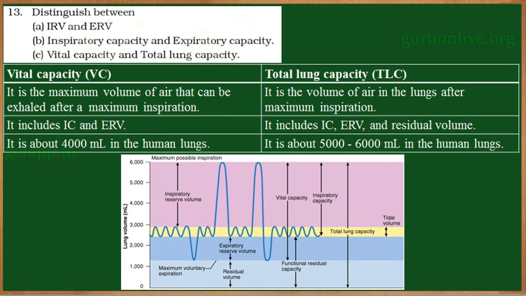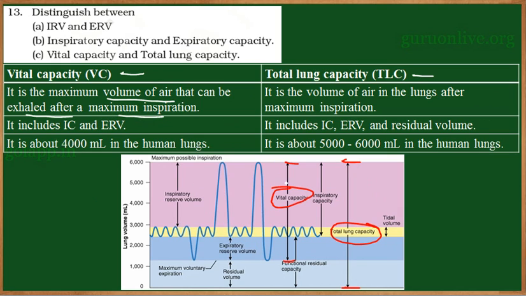Next one is the vital capacity, VC, and the total lung capacity. So vital capacity from here to here, and the total lung capacity. So we'll learn about these two. Vital capacity is the maximum volume of air that can be exhaled after maximum inspiration.